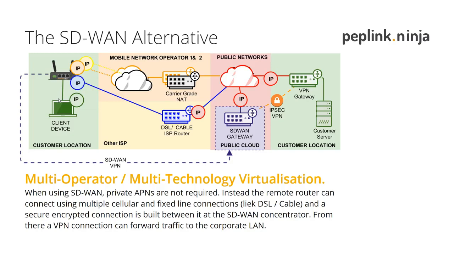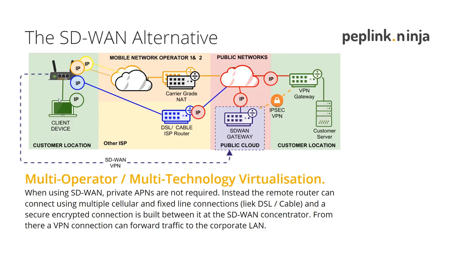You can add any type of connectivity in the mix. So in this diagram, I'm showing two network operators at the top in the orange, and then in the yellow box below, but highlighted in blue, we've got a fixed line wired connection, a DSL or a fiber, a cable ISP provided circuit, right?